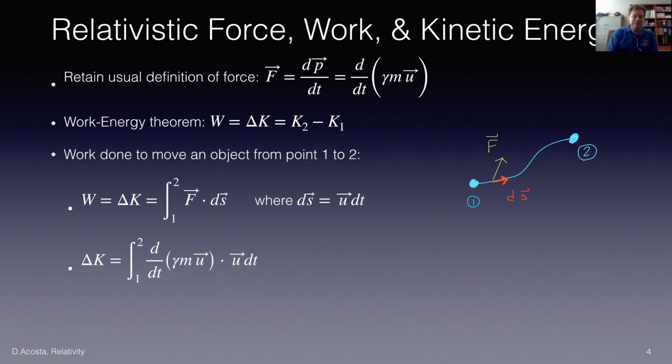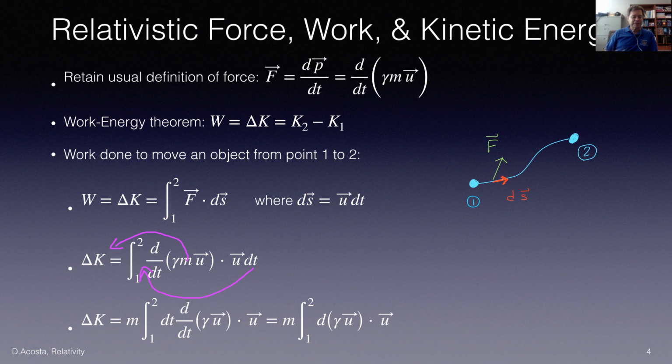Now, what we can do here is bring the mass outside the integral, I should say. Let's bring the dt up in front of the derivative. So if I do that, I get the equation down below. I've pulled the mass out front of the integral. I move dt in front, and I have dt times d/dt of the quantity gamma u, where u is the velocity vector, dotted with u.